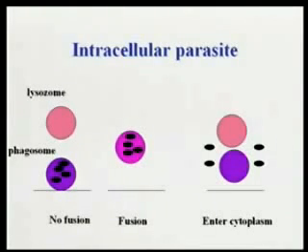And finally, sometimes these organisms are really smart and they actually get out of the initial phagosome and end up in the cytoplasm. Once in the cytoplasm, they're away from these digestive enzymes. Okay, so these are the different situations that can ensue.